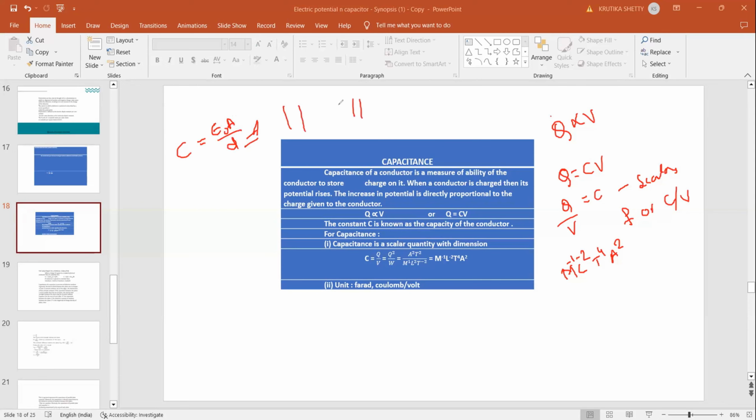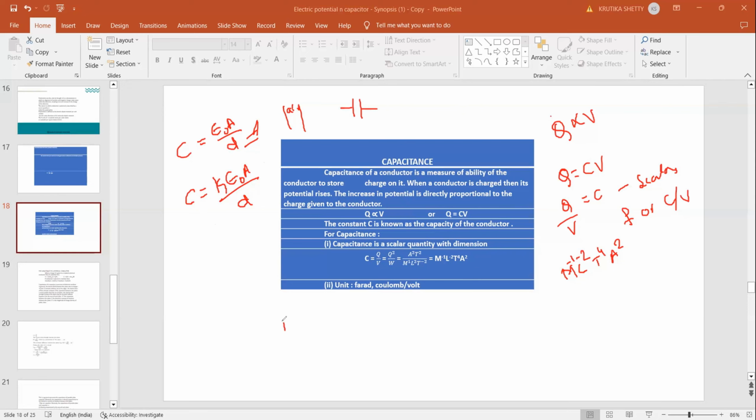So when air is between them, the capacitance of the capacitor is given by epsilon naught A divided by D. When there is a dielectric medium between them, it is given by C is equal to K epsilon naught A divided by D. This is when there is a dielectric medium in between them.